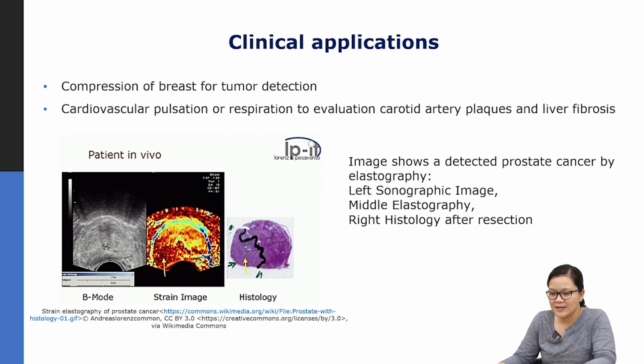But if you look at the strain image here, you can see a red region right here that has higher strain relative to, and is much different from, the surrounding tissues. If you compare it with histology, this is a part where the tumor is. Basically, one can correlate the strain and the histological sections to exactly identify that this is a location where the tumor is.